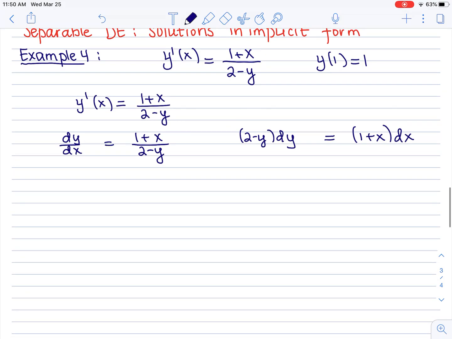Now we can integrate each side of this equation. The integration part of this problem is fairly simple. We get 2y minus 1/2 y squared, and then we get x plus 1/2 x squared plus c.